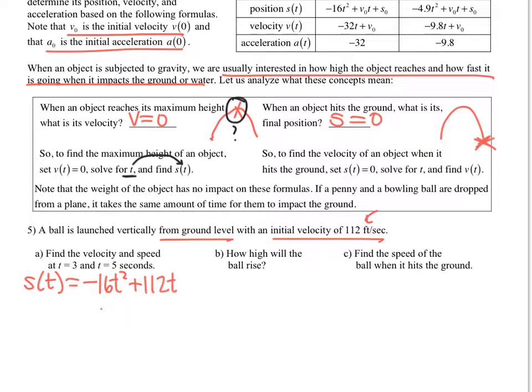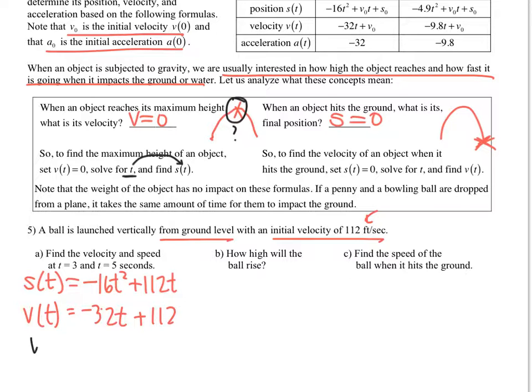Now we have our position function, and we have our velocity function, negative 32 t plus 112. We don't need to find the acceleration because they didn't ask us for it. We're finding how high the ball will rise and the speed when it hits the ground. We're also being asked to find the velocity and speed at t equals 3 and t equals 5.